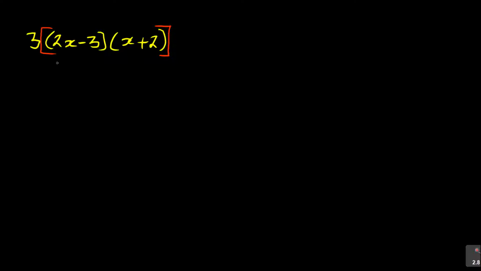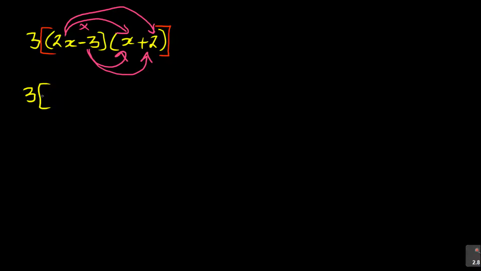Remember, when you're expanding inside the bracket, the 2x multiplies that and also multiplies that, using the FOIL method. Leave out the 3 for now, and maintain your 3 on the outside, and also your bracket.